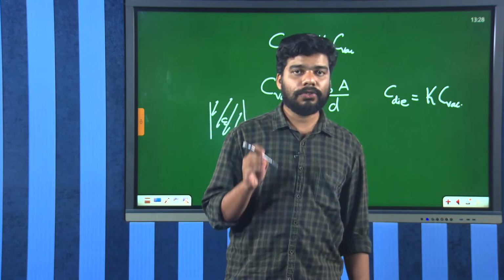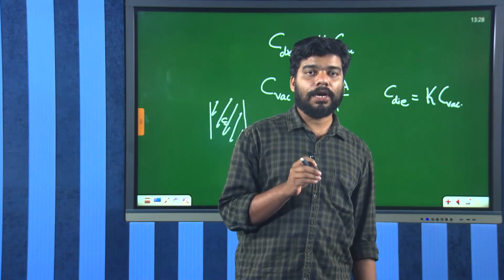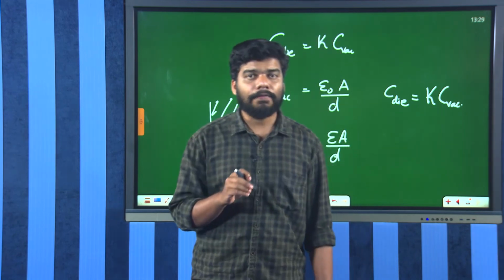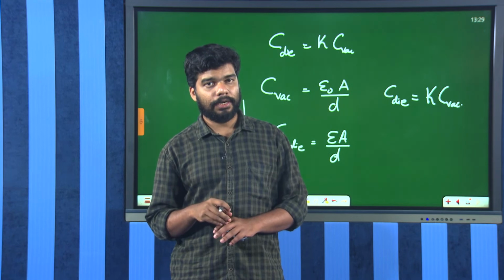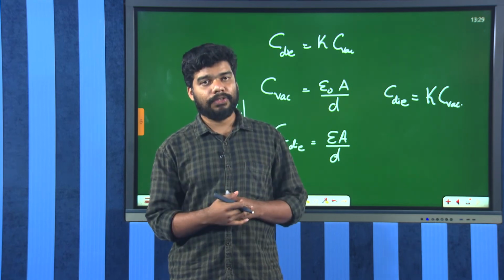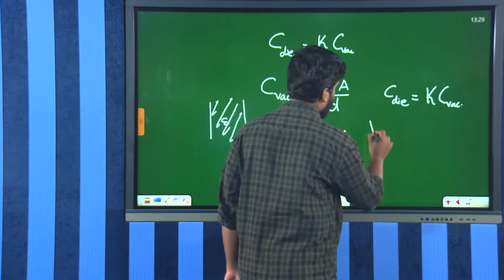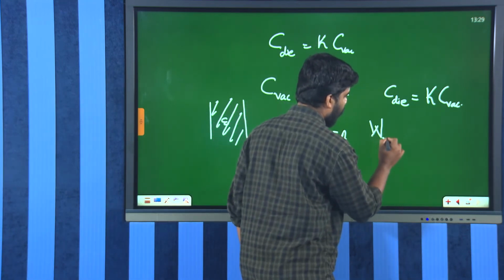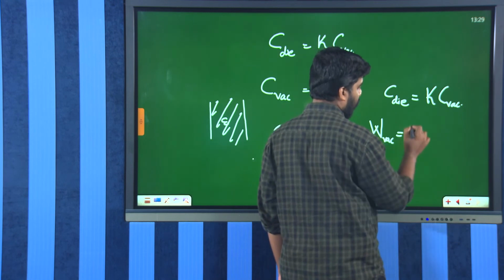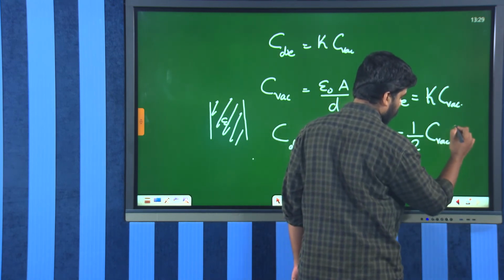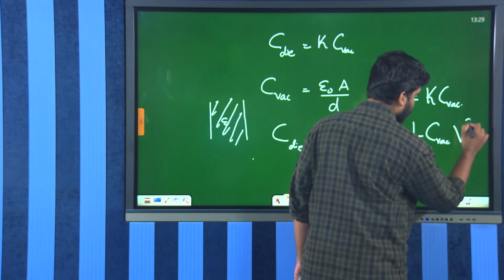So the work done to store such an amount of charge can be derived as W vacuum is equal to half C vacuum V square. We know that W of vacuum, the work done to store that charge in the case of a capacitor, is half C V square.